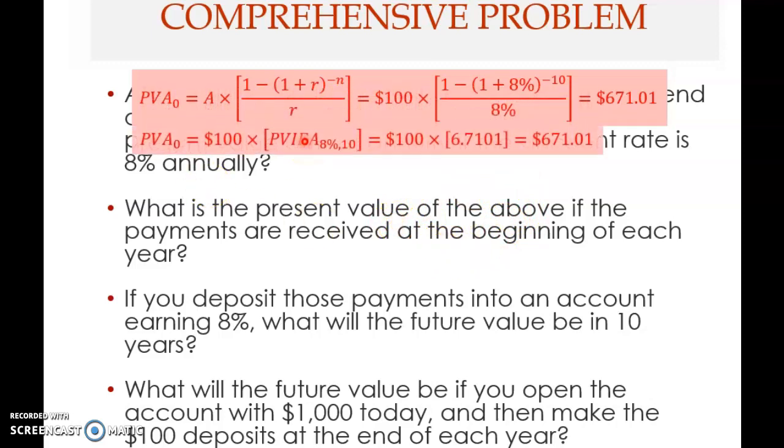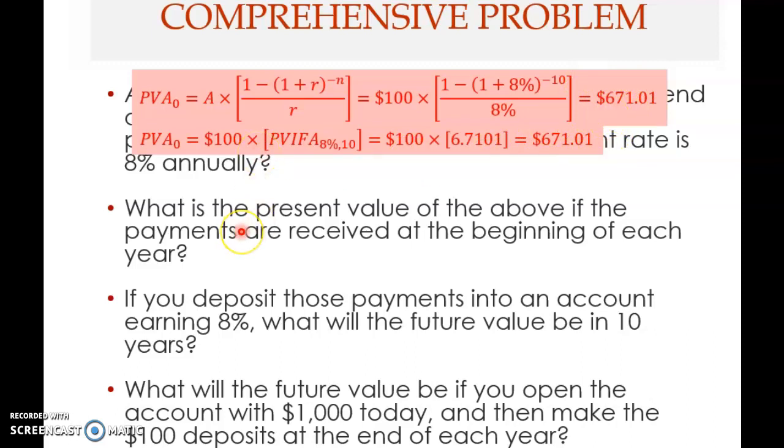Before going to the annuity due, you can also use the present value interest factor annuity table to solve this. You can use 100 multiplied by this value, taken from the appendix. This is the value for present value interest factor annuity, 8%, 10 years. You multiply this, and you get exactly the same answer in this case, because it's rounded to 4 decimal points, but it is still the same answer as the formula. So you can also use the table here.